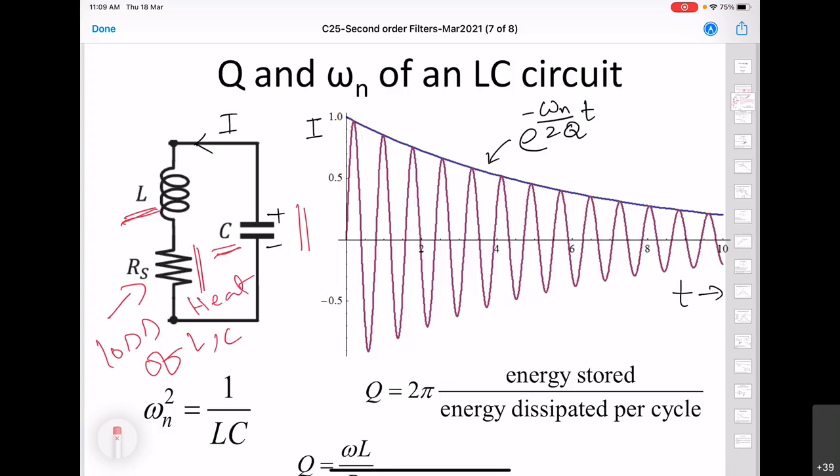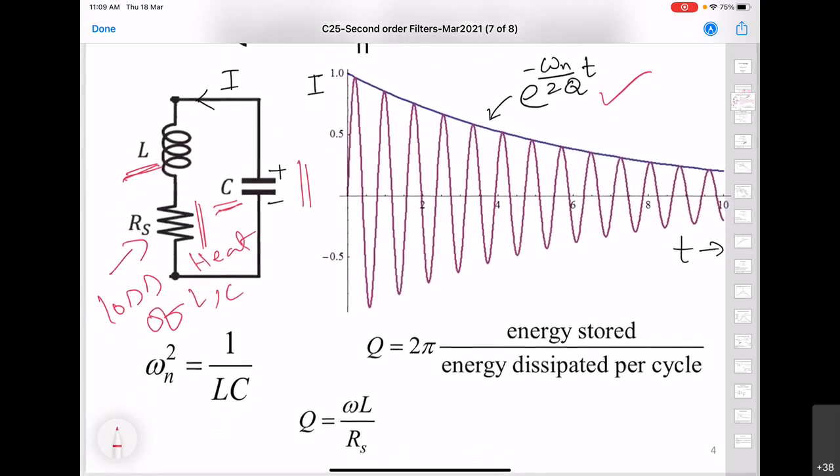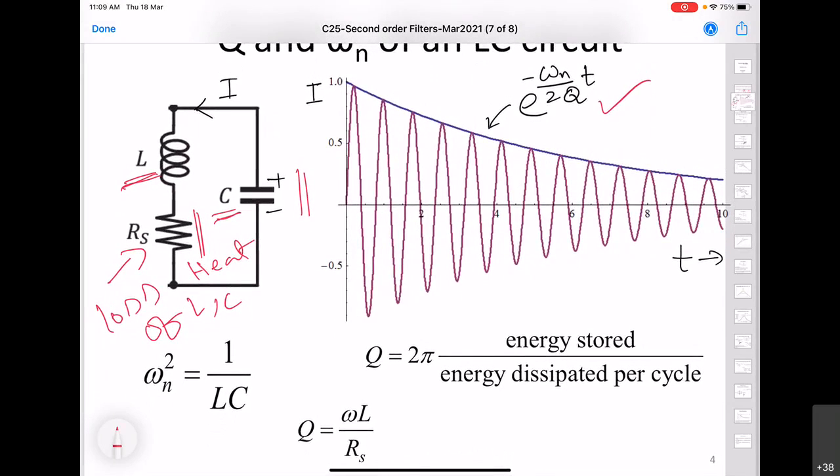And this decay will be given by this term, e raised to the power minus omega n divided by 2q into t. Ultimately, there will be no energy left in this circuit, in the capacitor, or equivalently in the inductor also. Here, omega n is the frequency at which this oscillation occurs. That means the period T will be related to omega n and given by this expression, where omega n is equal to 1 by square root LC.